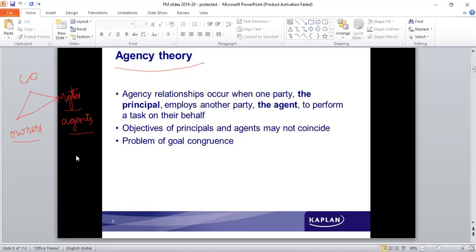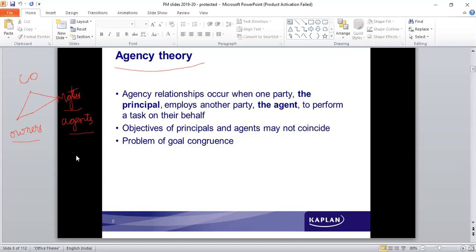So management may want to run the business according to their style of working, their pattern. Owners may expect something else from the company. So when they do not coincide, then we see that there is a problem of goal congruence arising.